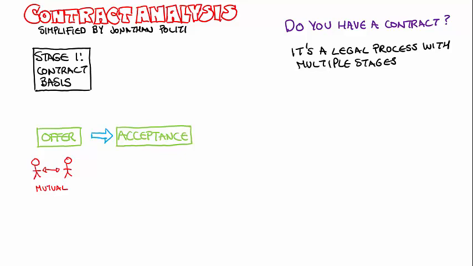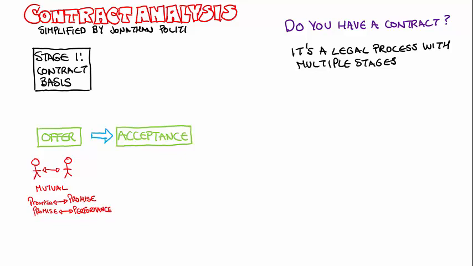You get a promise in exchange for a promise, or a promise in exchange for performance. And again, it has to be mutual. So I'm drawing this out, and you're going to see this concept again.